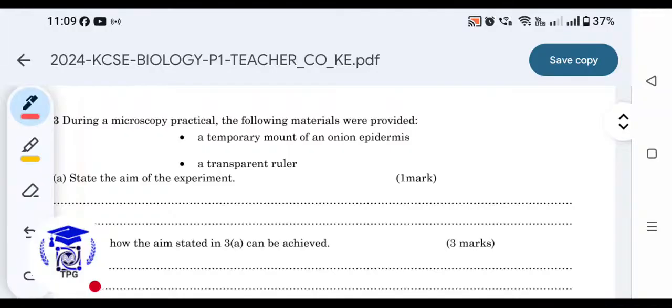So the aim of the experiment is to estimate the size of a cell.